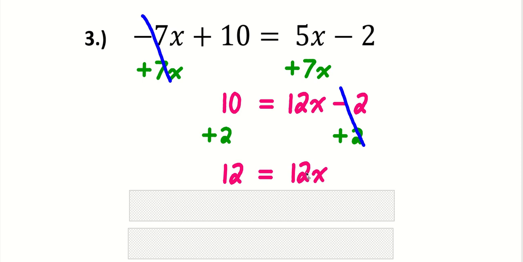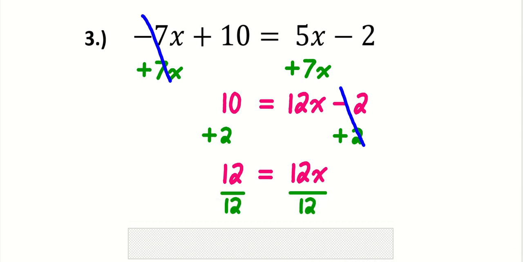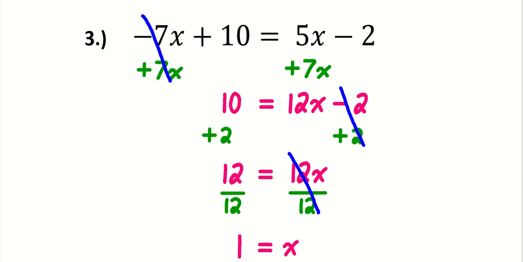And then if this is now 12 times x, the opposite of that, to cancel it out and just leave x standing, is to divide both sides by 12. And so you end up with 1 equals x, which is fine. The answer is 1. The solution is 1. It doesn't matter if your final equation says x equals 1 or if it says 1 equals x.